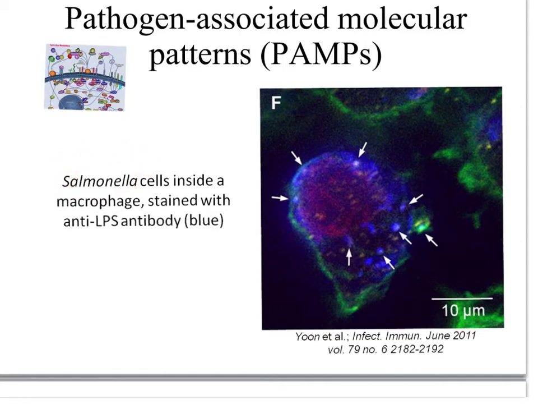Salmonella are gram-negative bacteria, and they have, as all gram-negative bacteria do, LPS molecules on their surface. So what this group of scientists did and published in this paper from last June, or 2 Junes ago, they took an antibody that is going to specifically interact with LPS, and they coupled a blue fluorescent dye to it.